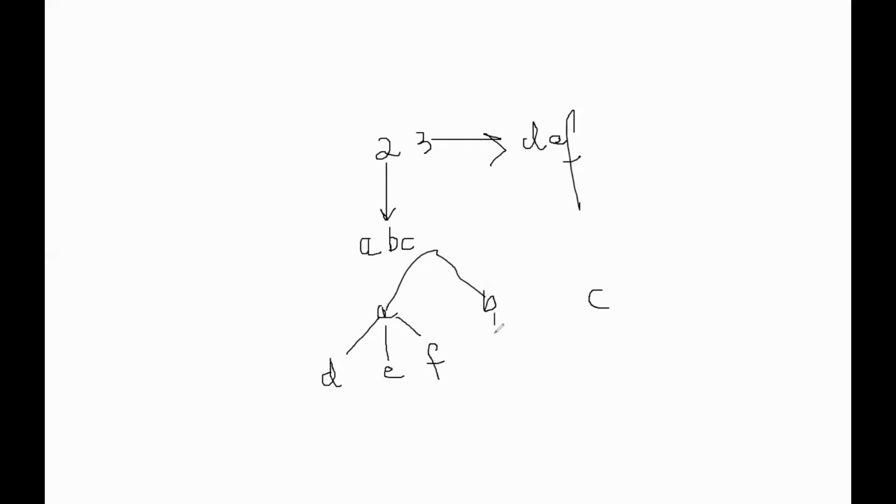B. Now, how many will B have? B will also have 3 options. So we keep going back to the original node, and after all the options of this have been exhausted, we go back to the main node. This entire process of backtracking is what we're going to understand in today's program.